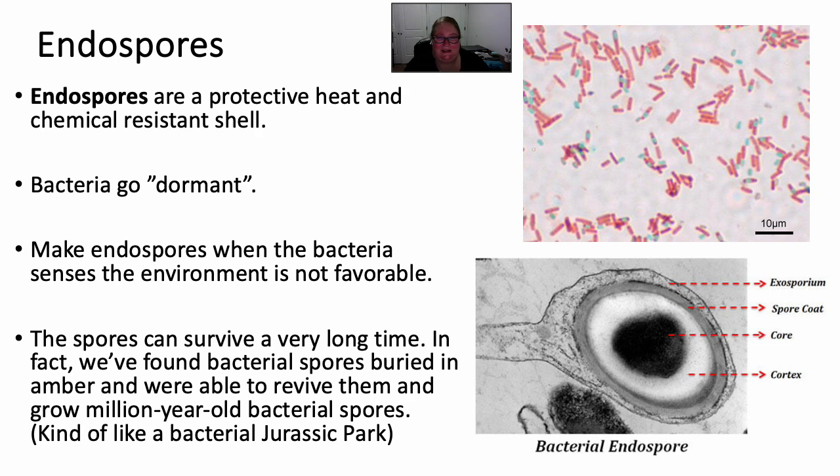When it does this, it can go dormant, live in a bad environment for a long time, and reanimate itself when the environment gets good. Bacteria that make endospores will turn this pathway on when the environment gets bad.